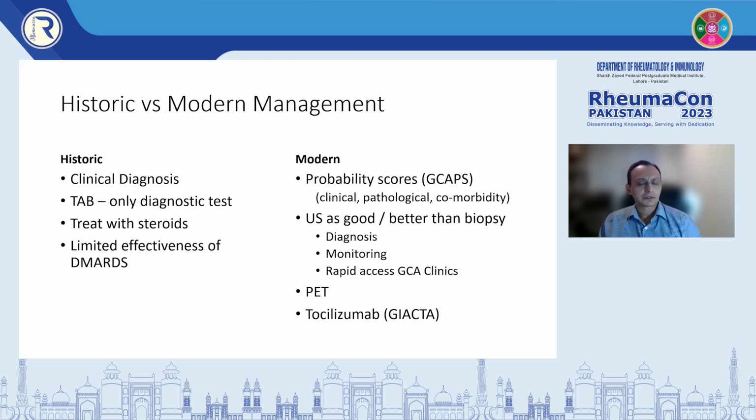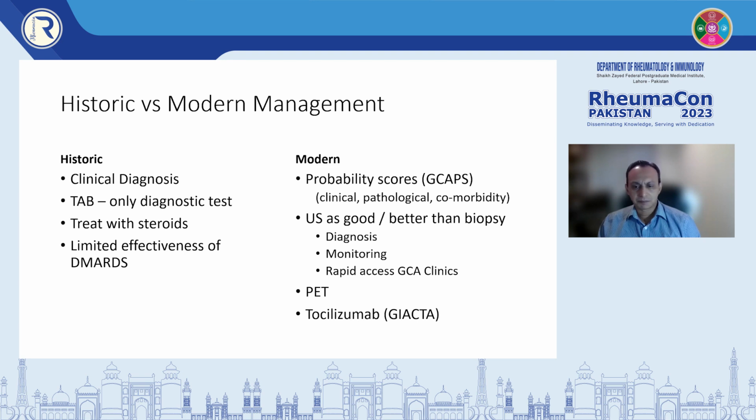When we're looking at temporal artery biopsy, we're essentially looking at a sample of hardly 2 centimeters, and it is not enough because of presence of skip lesions in giant cell arteritis. You may not be able to get the appropriate sample to make a diagnosis. Hence, the yield of temporal artery biopsy has been quite low.